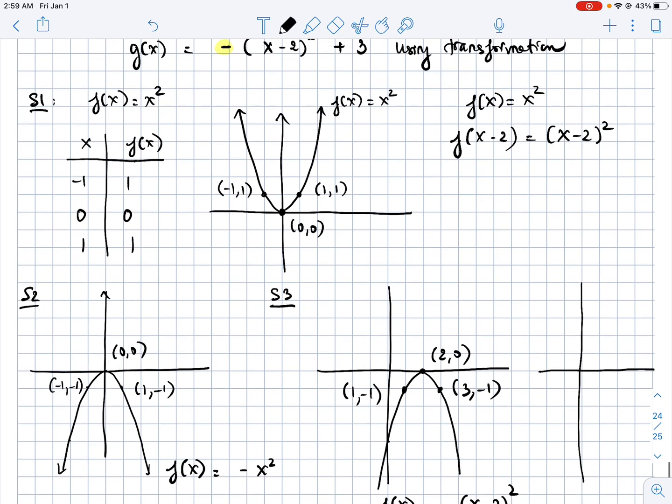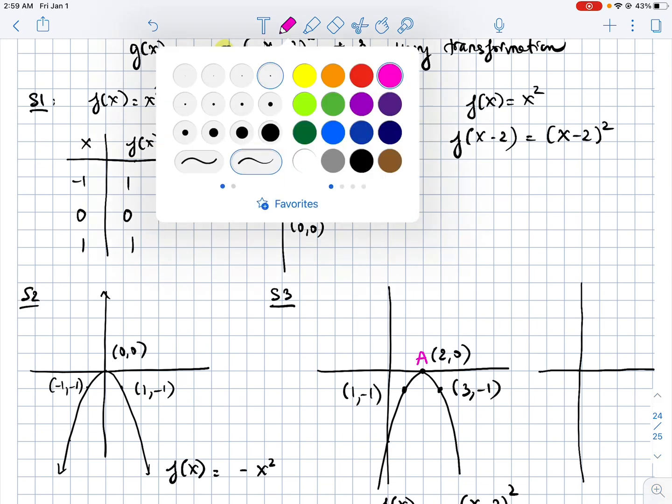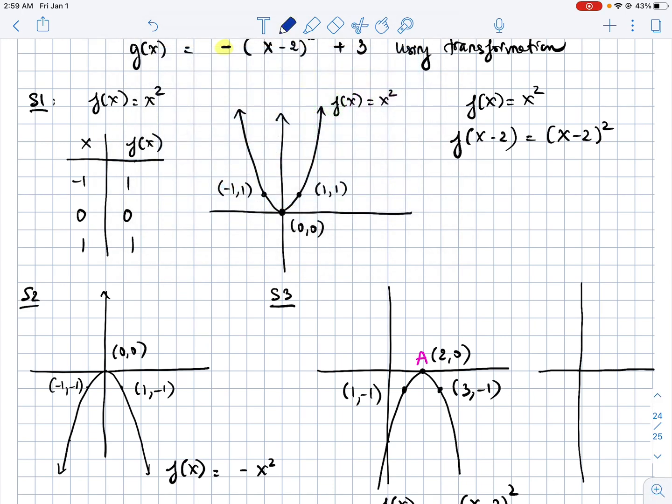And then the last step, we will move the parabola 3 up. Let's label the points so that we can follow easier. Let's say that is the point A, then the point A will move 3 up, so it's going to be here.